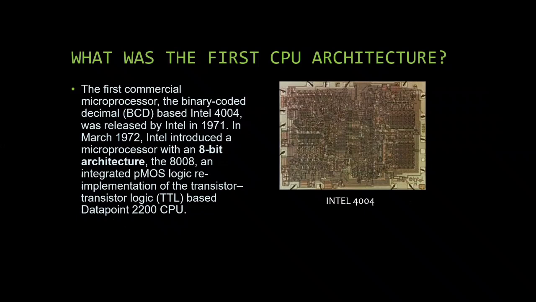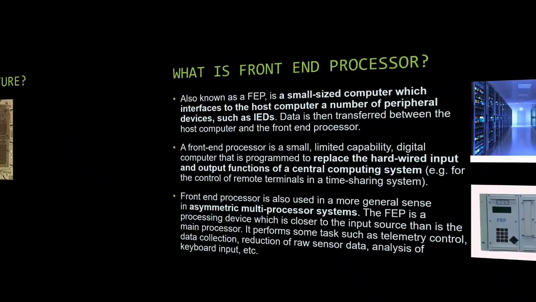In March 1972, Intel introduced a microprocessor with an 8-bit architecture, the 8008, an integrated PMOS logic re-implementation of the transistor-transistor logic, or TTL, based Datapoint 2200 CPU. So that is the picture of the first microprocessor, or microarchitecture rather, the Intel 4004.